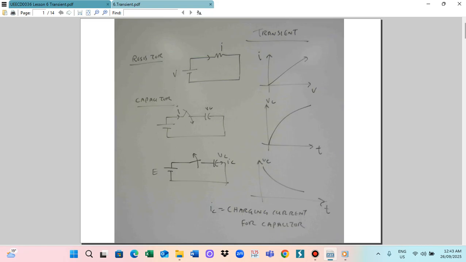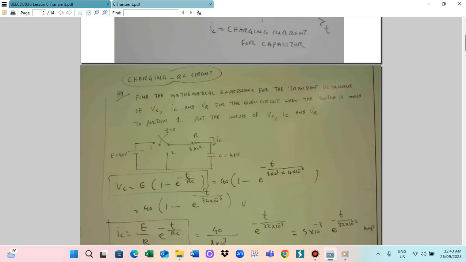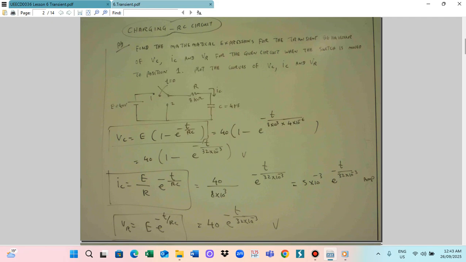Because of this, you can also calculate the charging current for the capacitor. IC is the charging current for the capacitor.